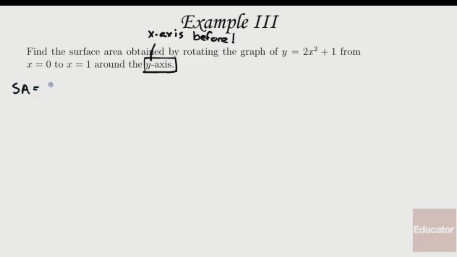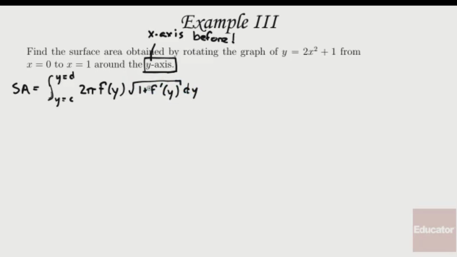The surface area is now the integral from y equals, I won't write a and b, c to y equals d of 2 pi f of y times the square root of 1 plus f prime of y squared dy.